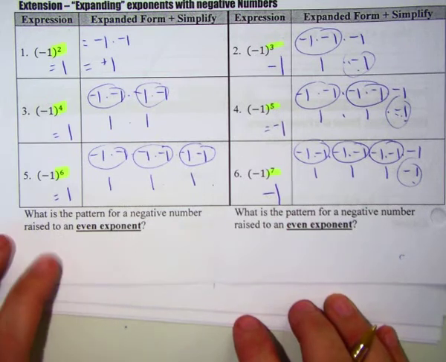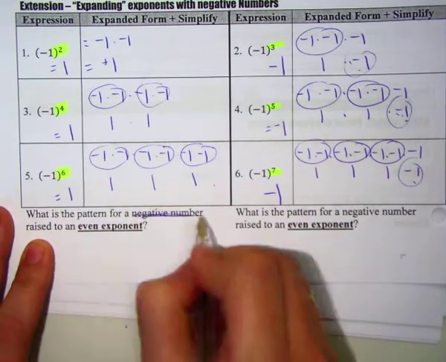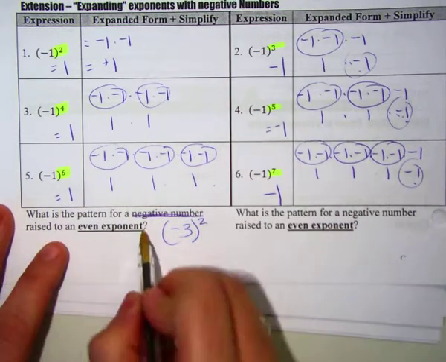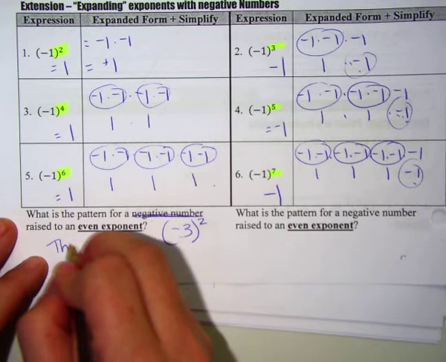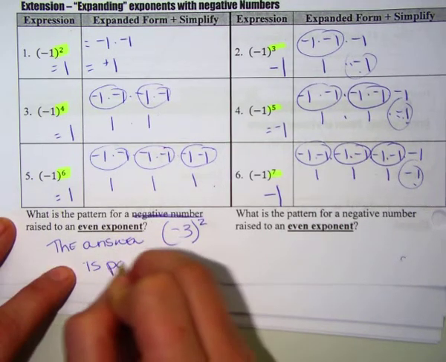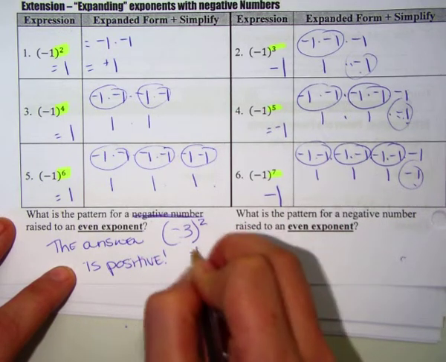So the pattern is, if you have a negative number, any negative number, it could be negative 3, to an even exponent, the answer is positive. So this, for example, would be a positive 9.